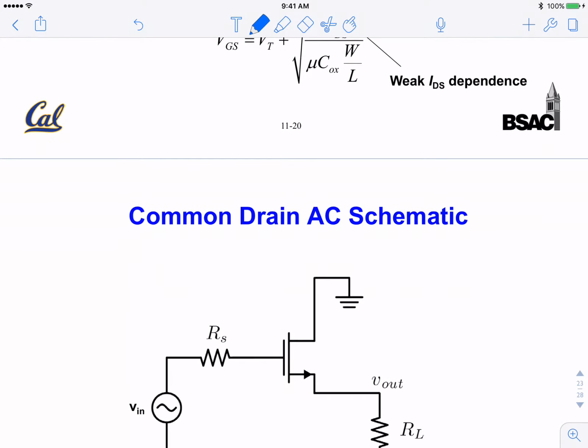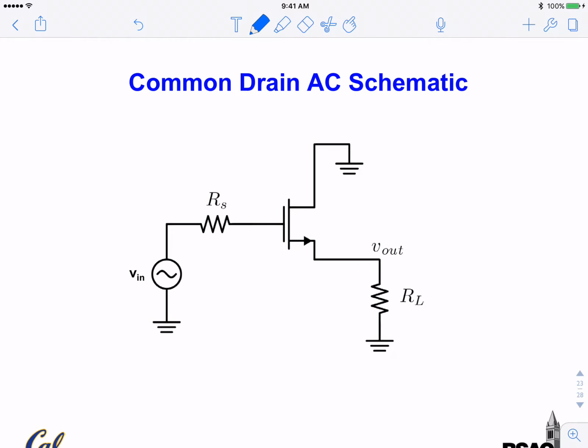So this AC circuit now becomes like that. It's open circuit here. We still have the load. Here's Vout, here's Vin, and the drain is now grounded.